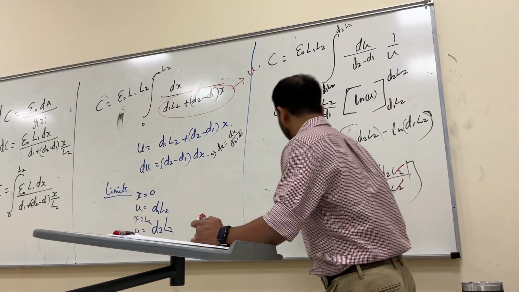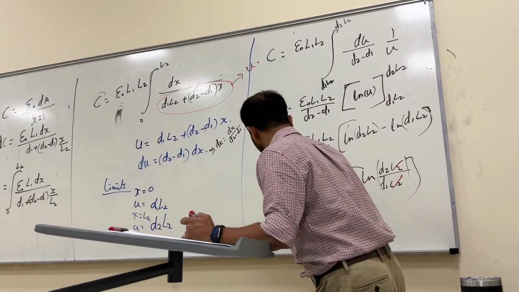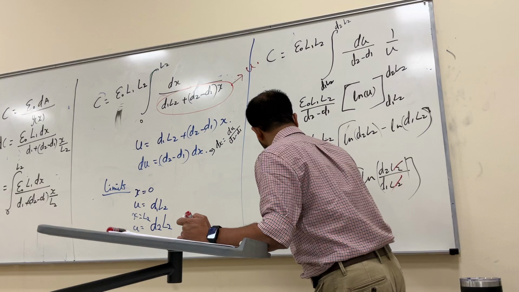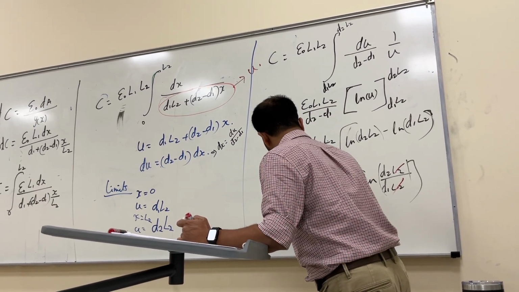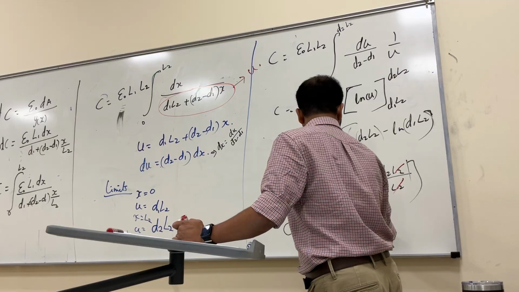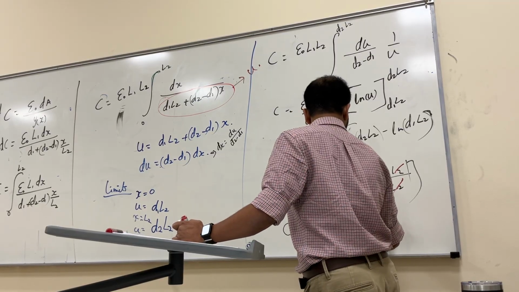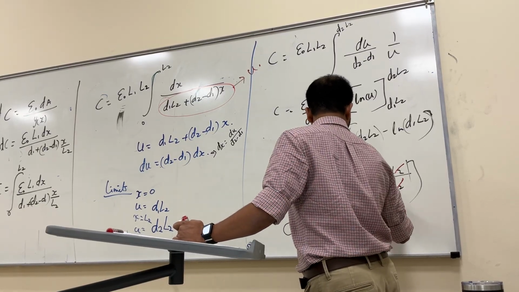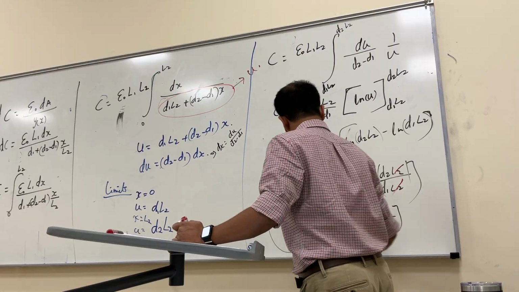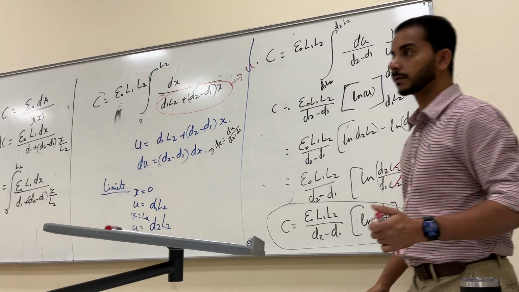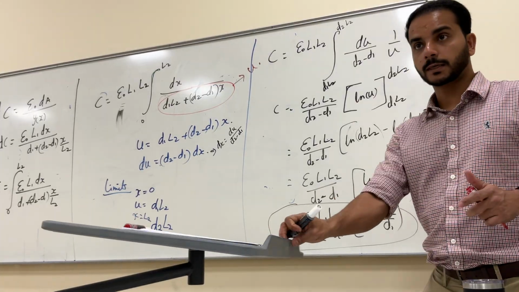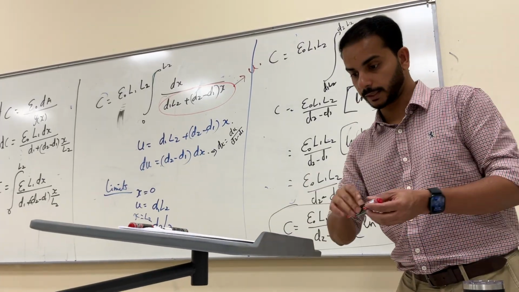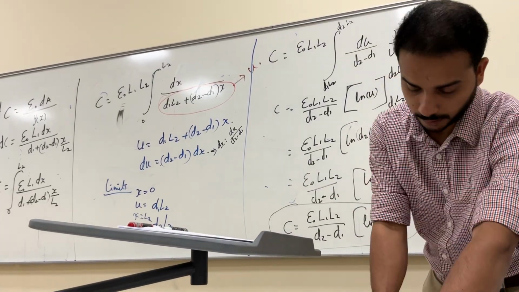So the answer will be C is equal to epsilon 0 L1 L2 over d2 minus d1 times ln of d2 over d1. Okay. This is correct. Any mistakes or any steps you want to understand?